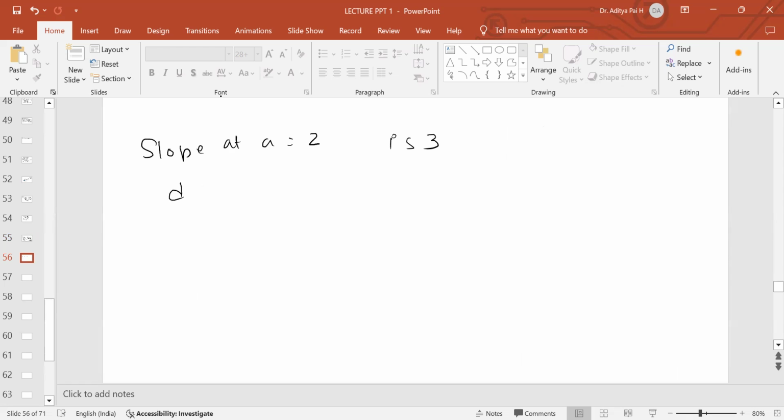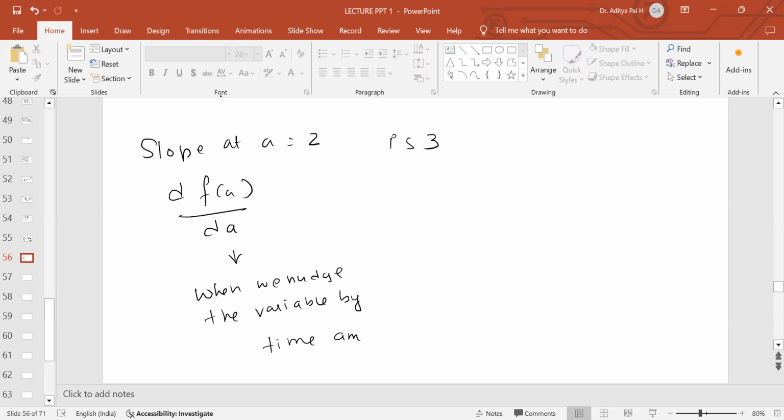So we can say that d of f of a by dA, that is, when we nudge the variable by some amount, the slope of the function f of a is equal to 3.